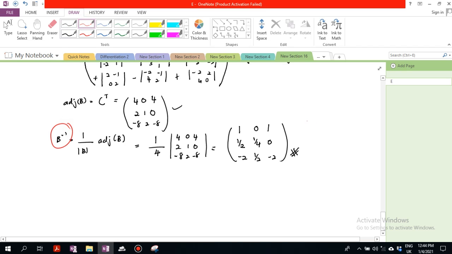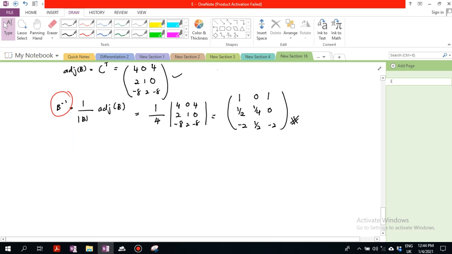Okay, so in order to check and balance, is it the correct one? If you multiply the B matrix with B inverse, you will get identity. So your B matrix will be 2 2 negative 1, 4 0 2, 3 negative 2 1.